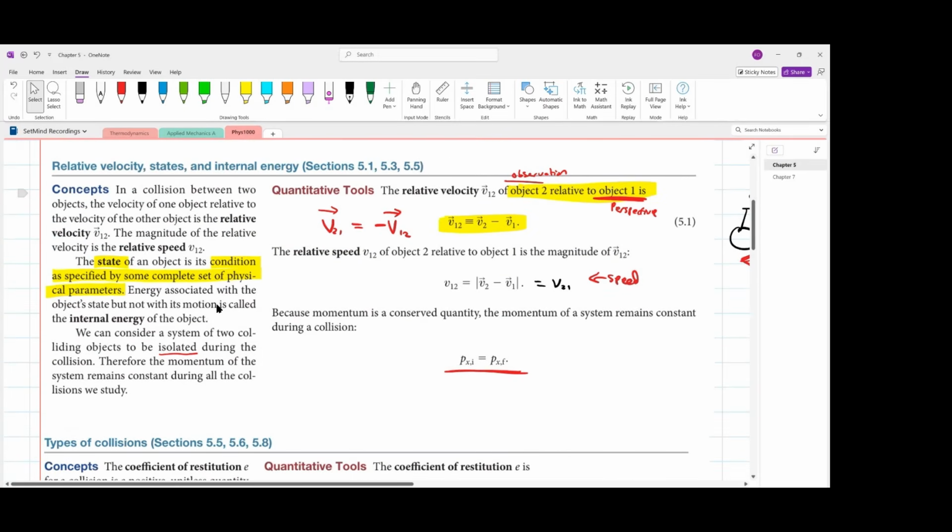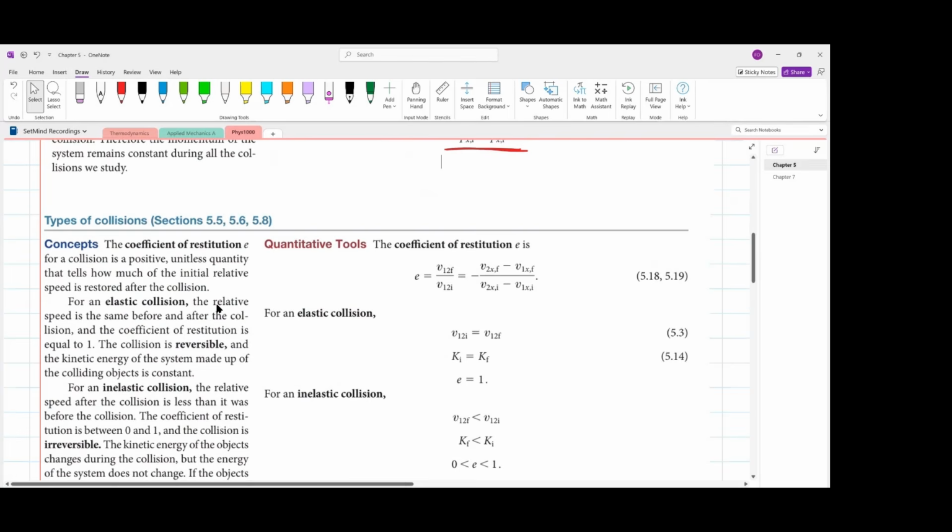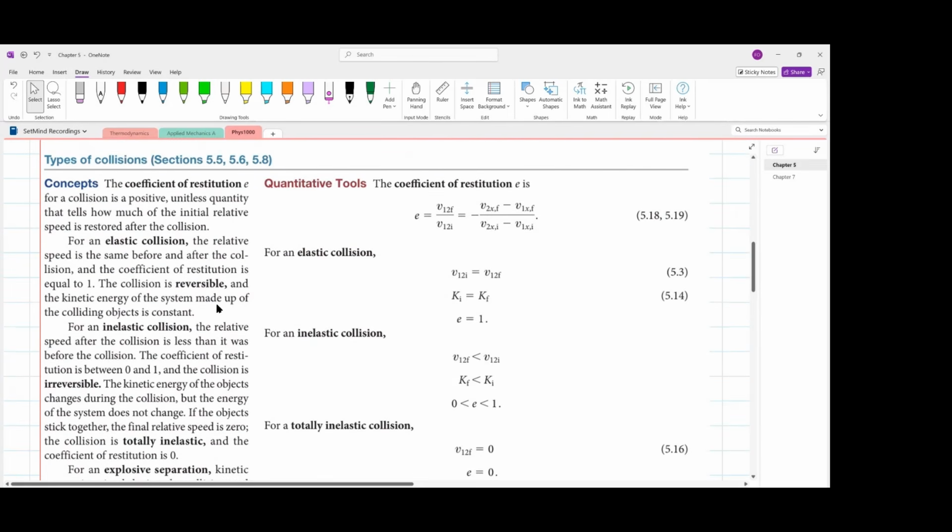We can now go into the nitty-gritty of collisions. When objects collide, we can define the characteristic of that collision by something called a coefficient of restitution. The coefficient of restitution is a positive unitless quantity that tells us how much of the initial relative speed is restored after the collision.